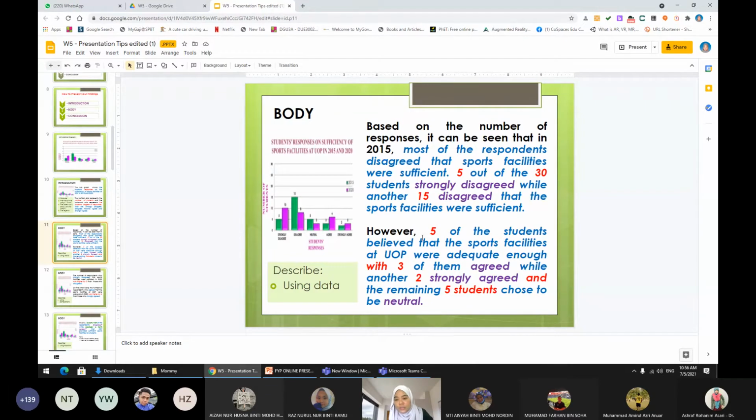However, 5 of the students believe that the sport facilities at UOP were adequate, cukup, with 3 of them agreeing and another 2 strongly agreeing. This one is quite simple, I would say. You just have to state how many disagreed and how many agreed, in terms of the breakdown of the responses.